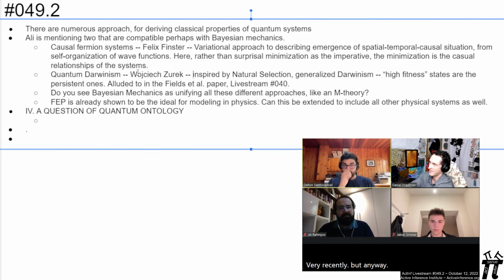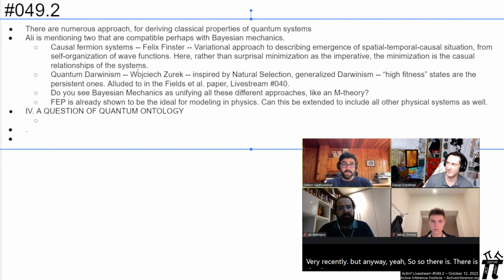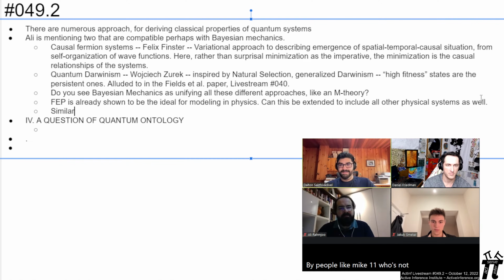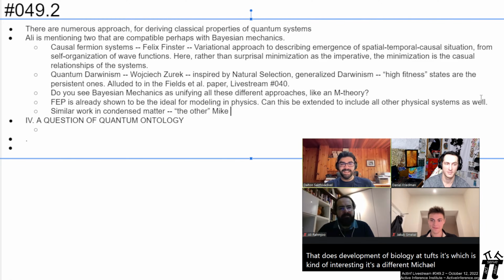But anyway, there is similar work in condensed matter by people like Michael Levin, who's not the Mike Levin that does developmental biology at Tufts, which is kind of interesting. It's a different Michael Levin.